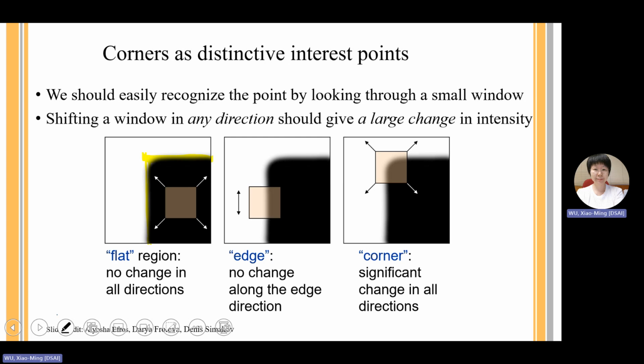For corner detection, the goal is to identify the corner points, represented by this red dot. This pixel represents a corner. So this is our goal.